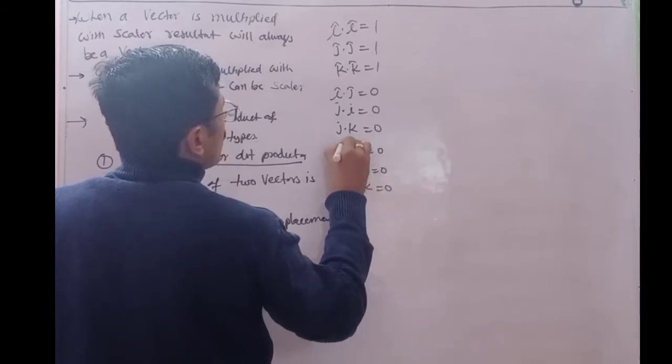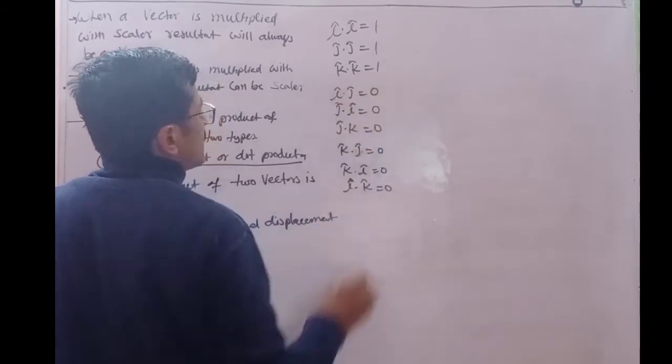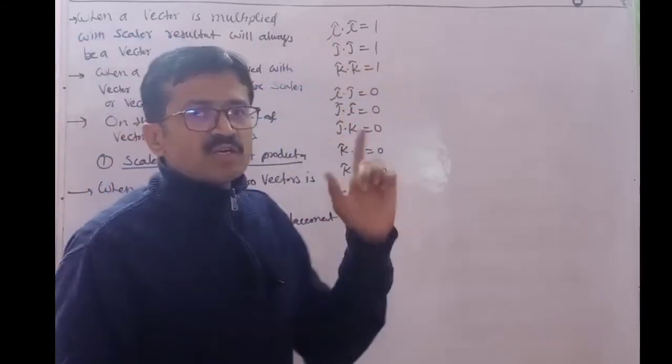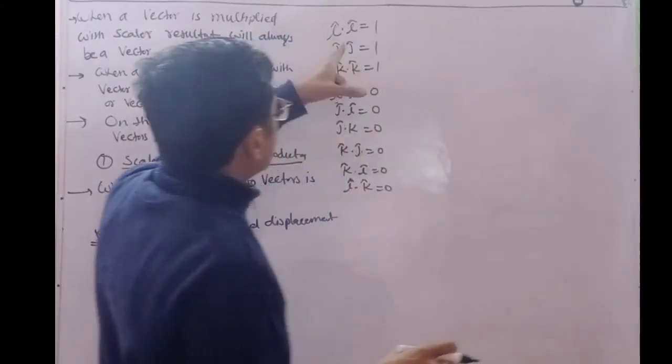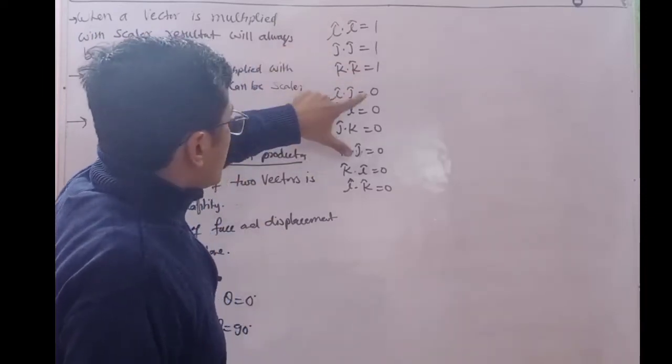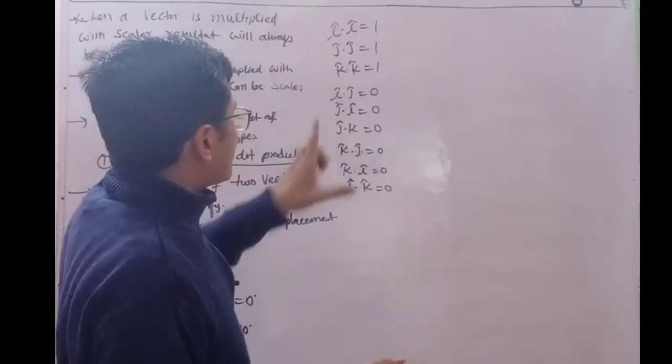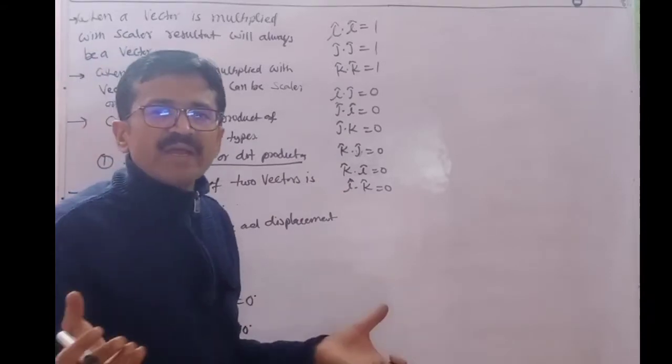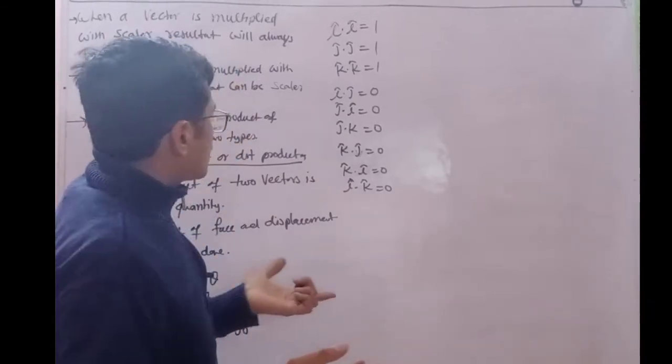Rest all will be 0 except these. So whenever two identical unit vectors are in a product, the resultant will be 1. But when they are different, that is mutually perpendicular, the resultant will be 0.